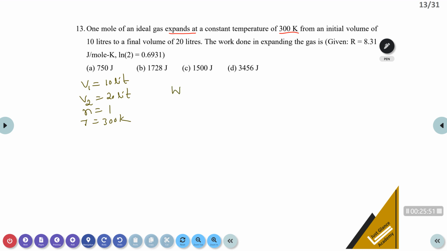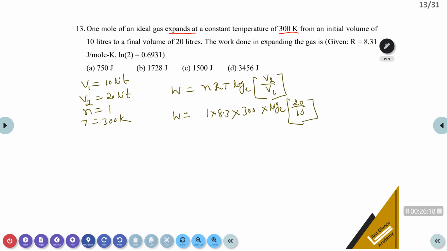For an isothermal process, work done equals nRT log to the base e of V2 divided by V1. Work done equals 1 mole into 8.3, you consider, into temperature 300, into log to the base e of volume 20 divided by 10.